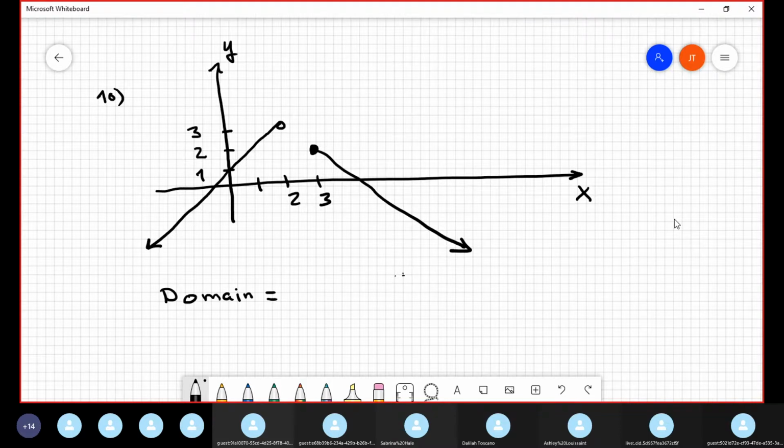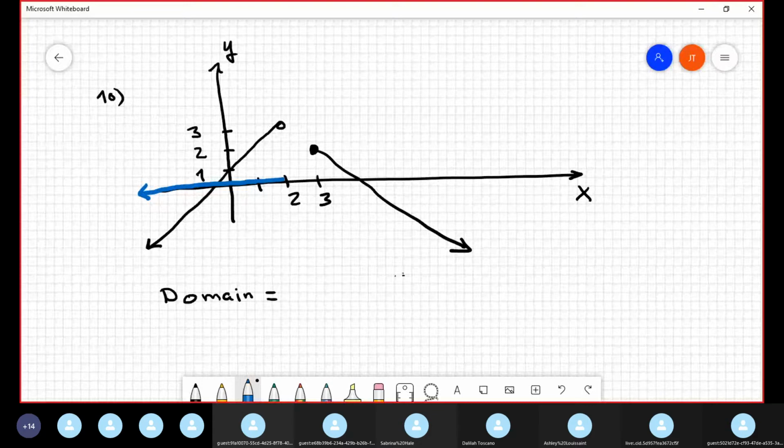Domain, remember, is the set of the x values in which the function is defined. You project the curve onto the x-axis to determine the domain. From 2, but at 2 we have a hole, therefore we don't include 2. Between 2 and 3 we have a gap, so we have no function.